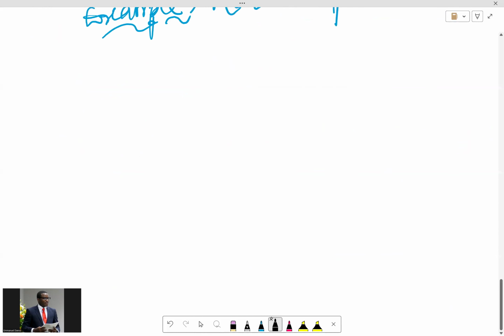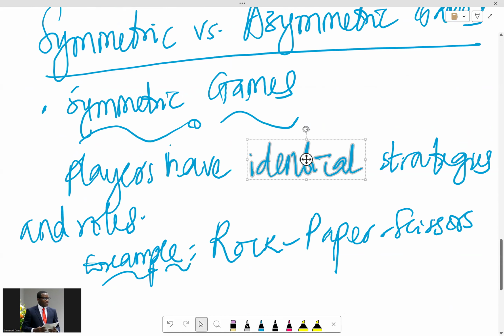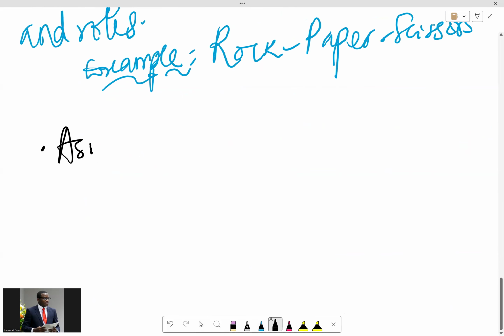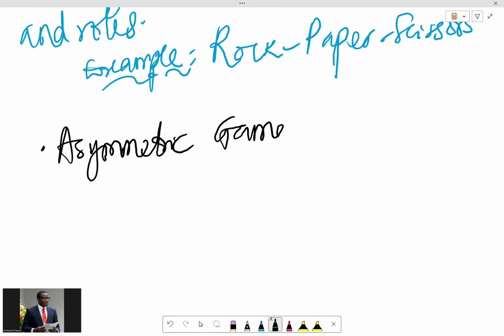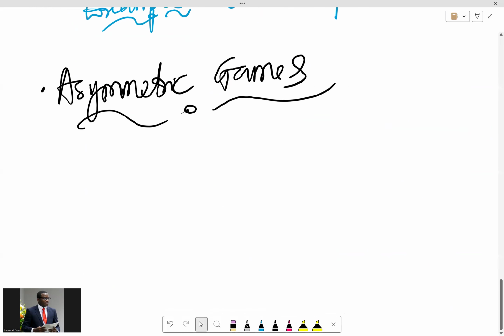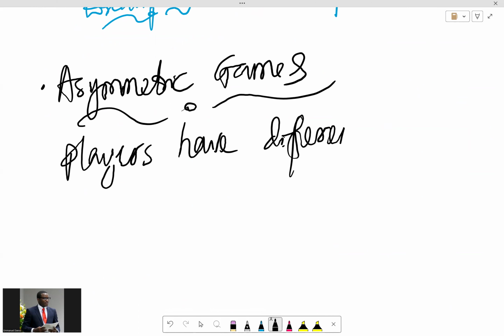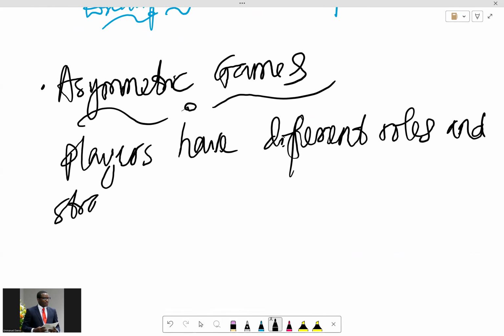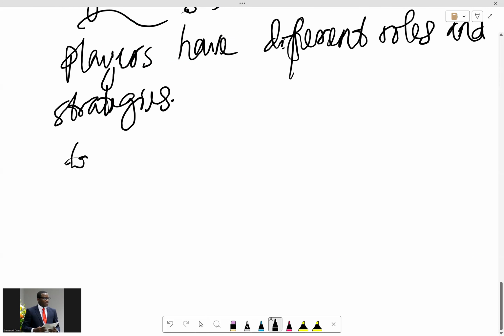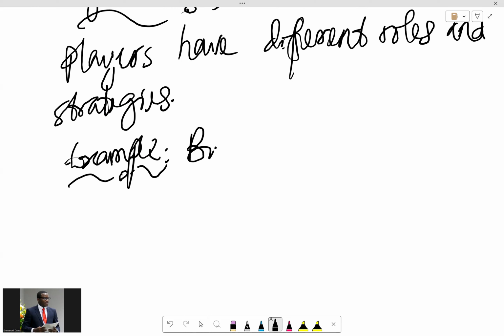Now, how about asymmetric games? For asymmetric games, players have different roles and strategies. A very good example would be buyer-seller negotiations.